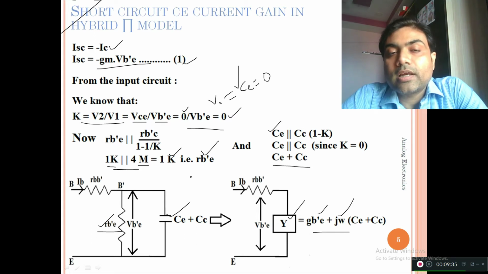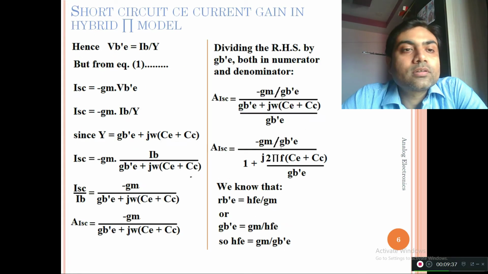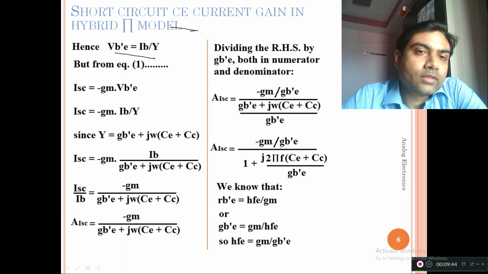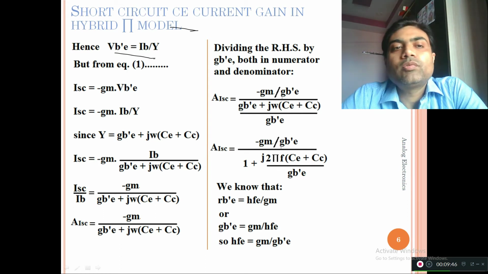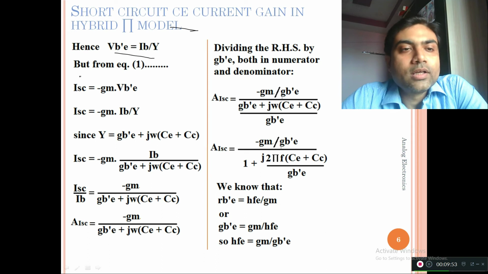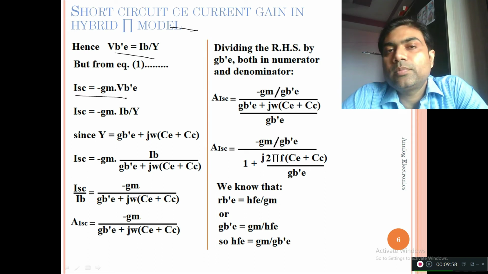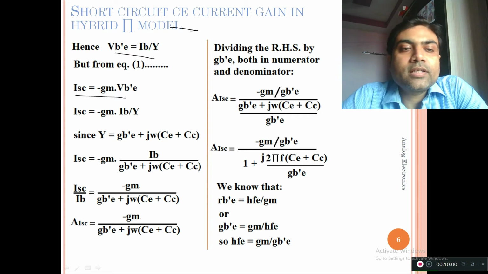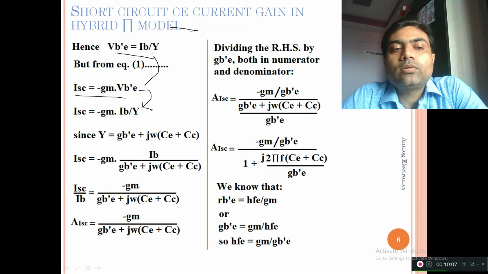The relation is VB'E equals IB upon Y. If it were a resistance, we would have written VB'E equals IB into Z, but since it is admittance, we write IB upon Y. From equation 1, we have already calculated that ISC is nothing but minus gm into VB'E, and if we replace this value over here, we get ISC as IB upon Y.